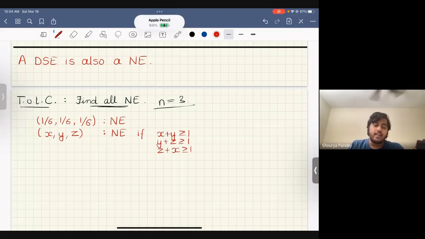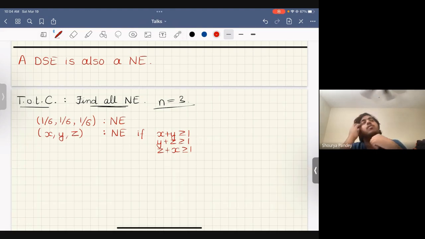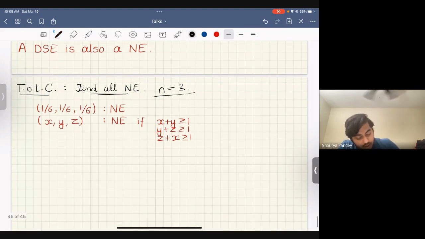What about something else? So by the way, this already means that Nash equilibria is unique. In fact, NE is not unique.